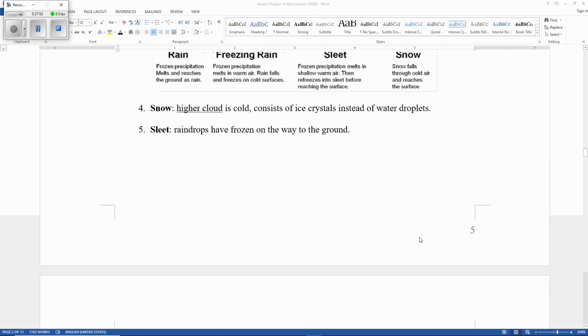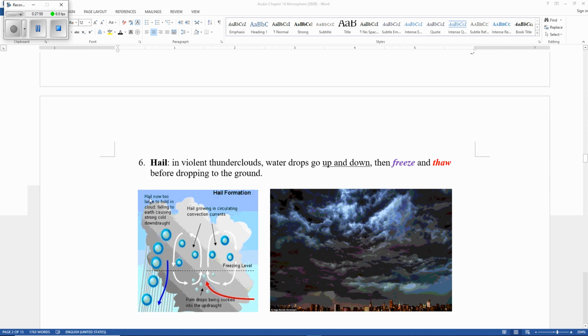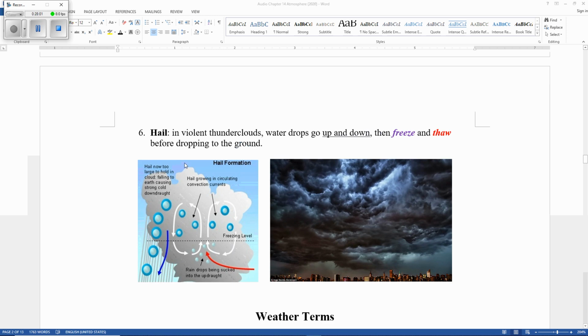Okay, now let's see the last one. Hail. That's H-A-I-L. What happens here is because of very bad, very stormy weather, the cloud like this. So you see the clouds go up and down, rotate, twisting each other, very complicated.